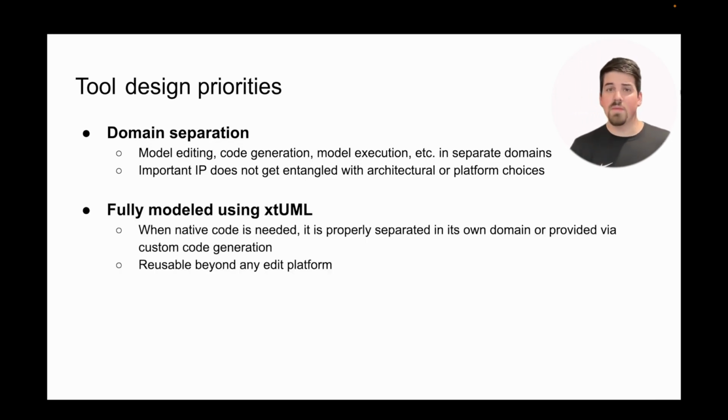They need to be fully modeled using xtUML. Anytime native code is absolutely required, it should be separated into its own subdomain or provided with a custom code generator plugin. But this allows these projects and these models to be reusable beyond just the editing platform.